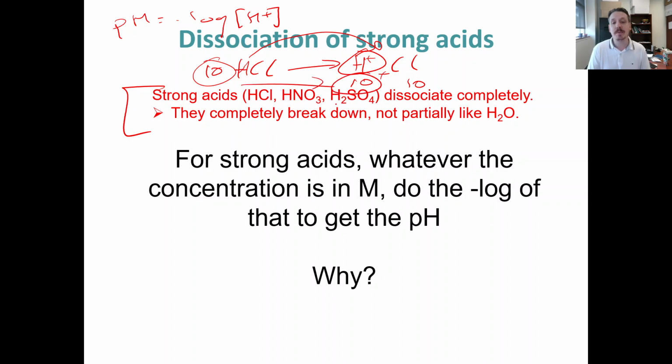And so the negative log of this is going to be the same as the negative log of this. So for strong acids, whatever the concentration is in molar, because pH is always the negative log of the hydrogen ion concentration in molar, just do the negative log of it, and that gives you the pH.